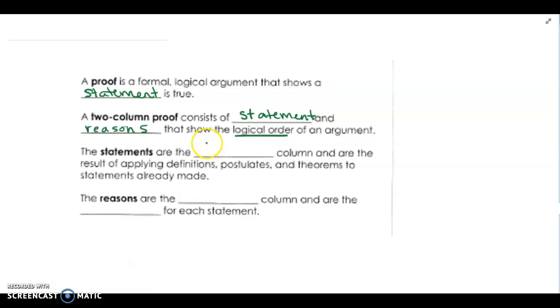Okay, the statement part is always on the left column, and the reasons is on the right, and the justifications for each statement. So the reasons are the justifications, okay? It's why the left-hand side of the statement is true, and we'll do several examples so you understand that.